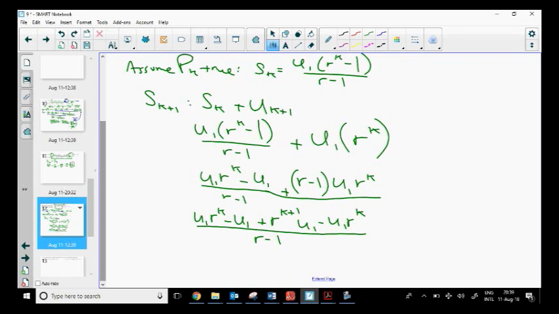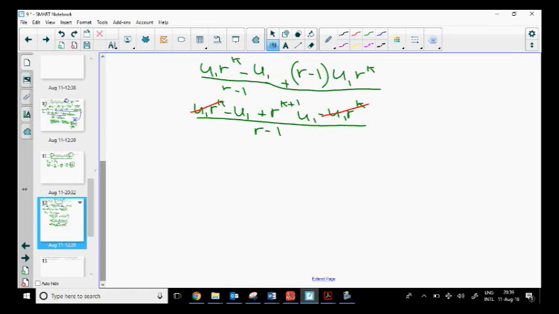Let's see, what can cancel out now? Well, I have u sub 1 r to the k minus u sub 1 r to the k. Great. And I think now if I just factor out a u sub 1 from both of those terms, I will have r to the k plus 1 minus 1 over r minus 1.